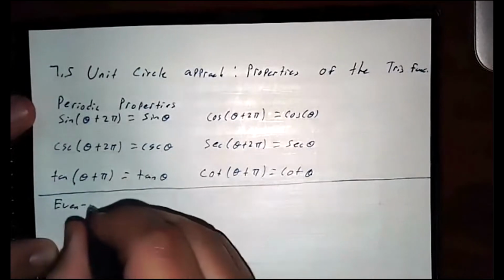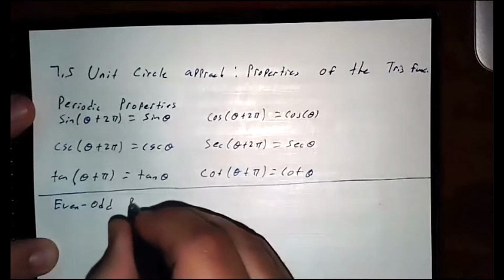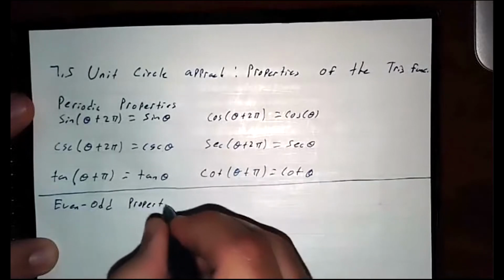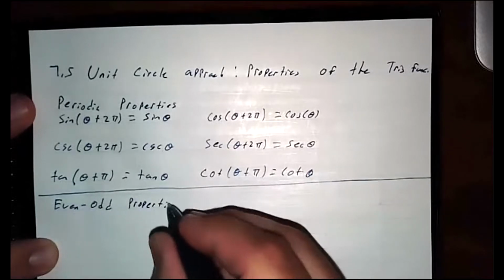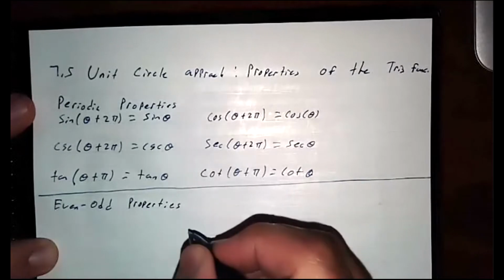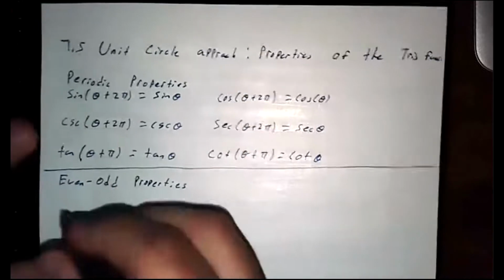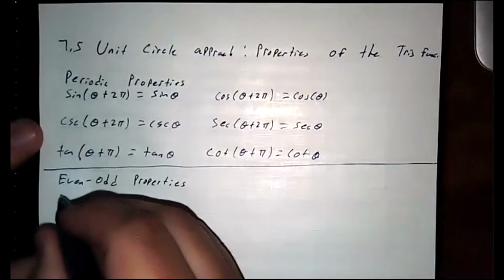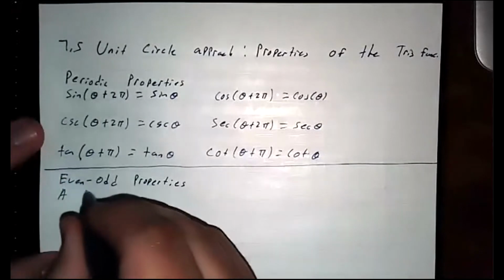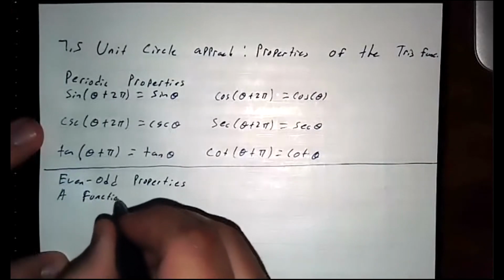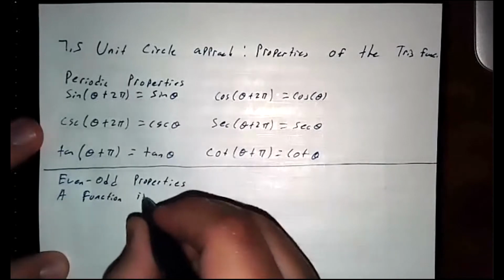Next one, even and odd properties. Do you guys remember what even and odd functions are? College algebra. Yes. All right. So I'm going to define it one more time just in case you forgot.